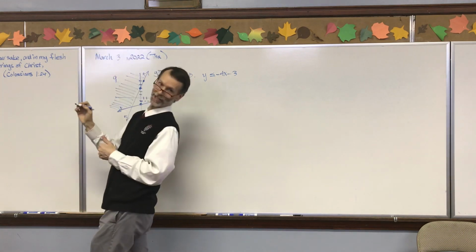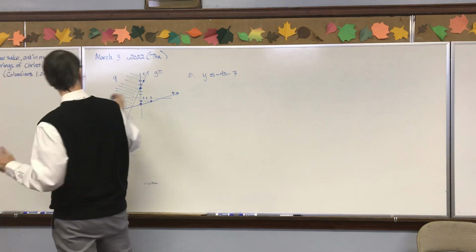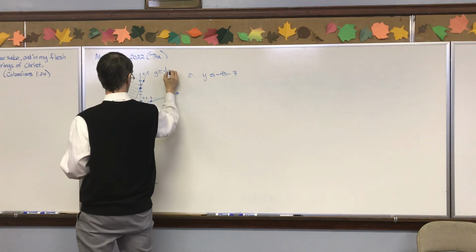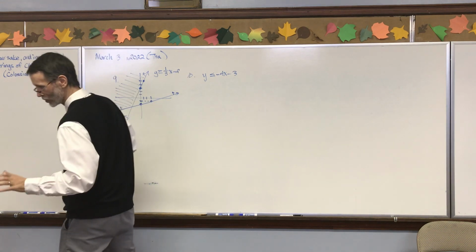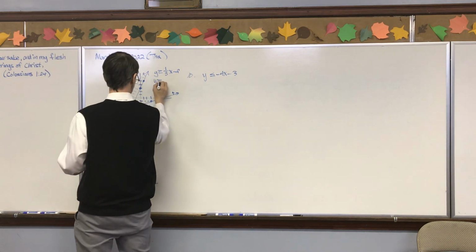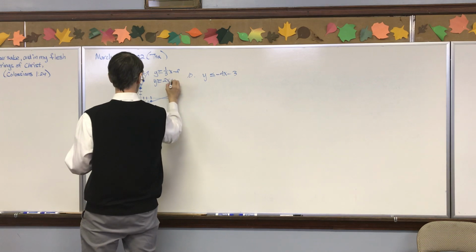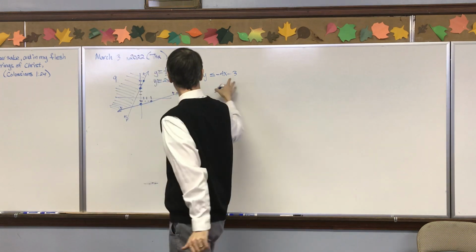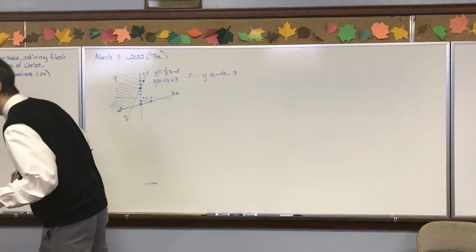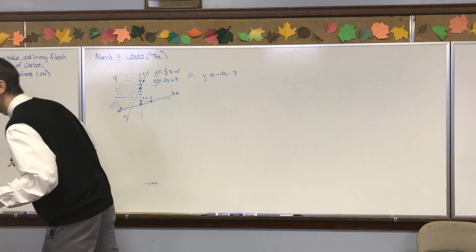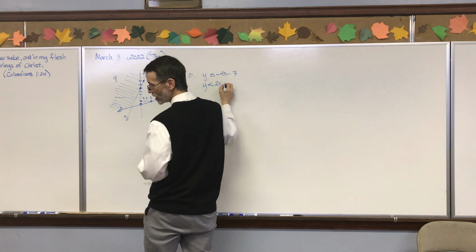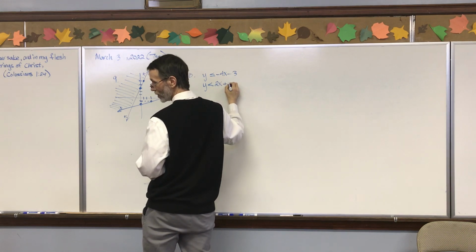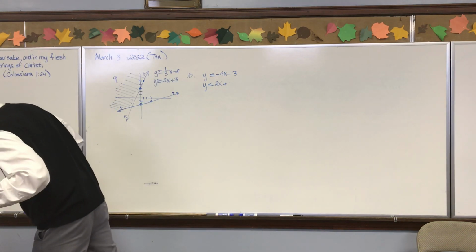For the person listening at home, y is greater than or equal to 1/3 x minus 2, and the other one is y is greater than or equal to 2x plus 3. That was for that one. This one is y is less than or equal to negative 4/3 x minus 3, and y is less than 2x plus 3. Or is it minus 3? No, it's plus 3.